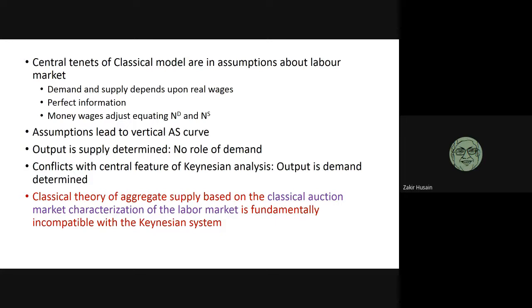Once we introduce flexible prices into the Keynesian model, we can analyze what is the impact of changes in money supply, and what is the impact of changes in tax rate and government spending in the Keynesian model.